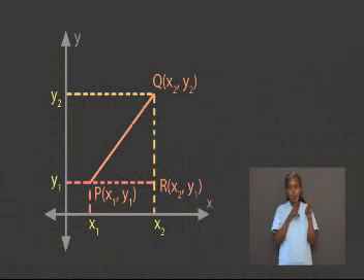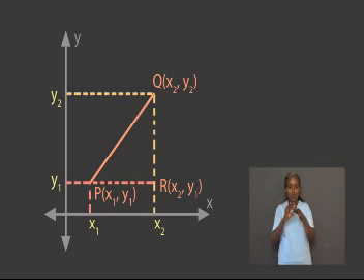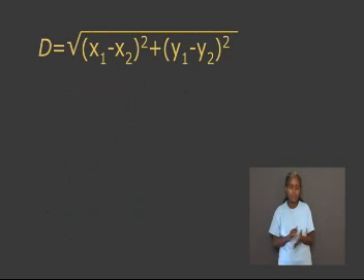Observe this graph. You can see that P and Q are distinct points located at coordinates x1, y1, and x2, y2, respectively. Do you remember how to find the distance between these 2 points? That is correct, students.